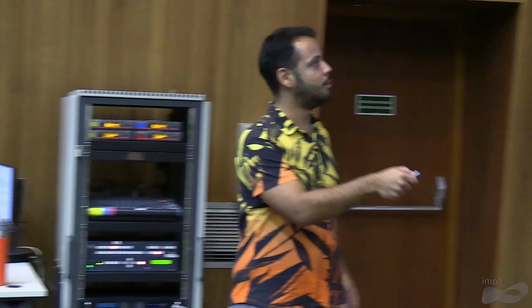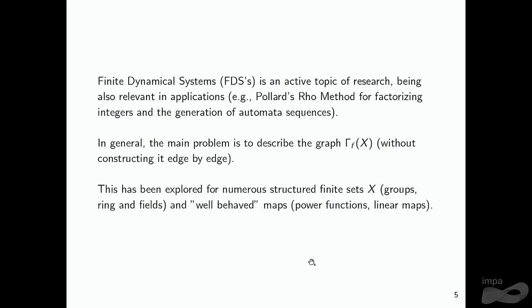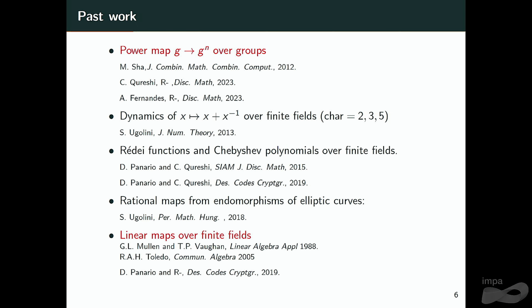So most of the works focus on finite sets with some algebraic structure, and the map has nice behavior with respect to this structure. So here are some examples. For instance, if we consider finite groups, we have power functions, right? So I can consider the power map G goes to G to the n over an arbitrary group.